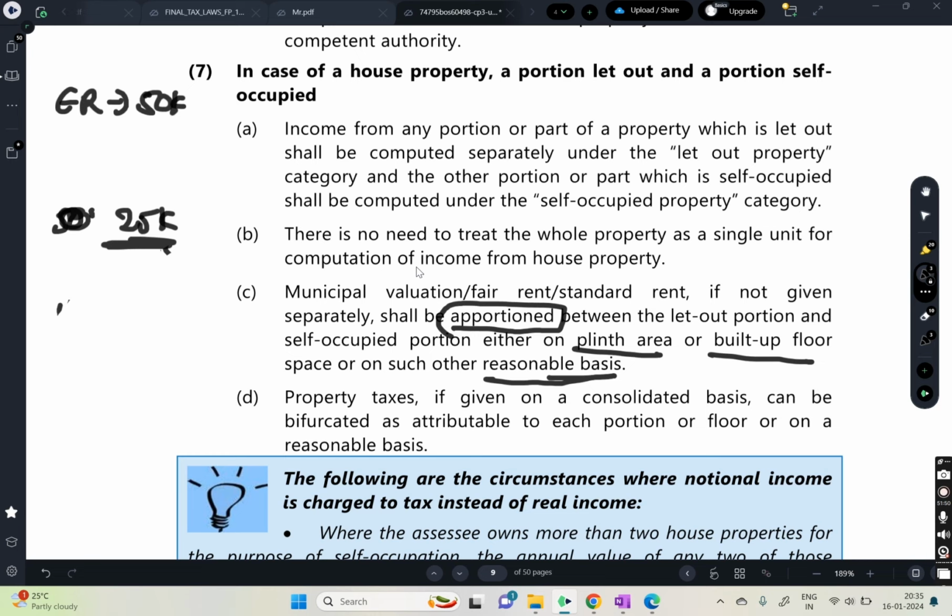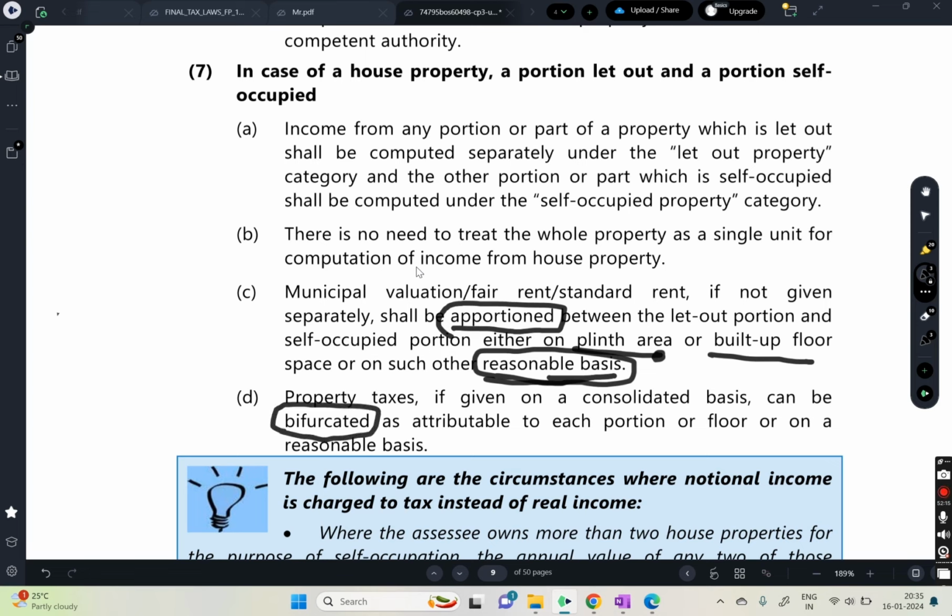Yes, sir. Right, so while calculating GAV we don't take the entire property. If our let out portion is only 25%, we will take 25%. If it is 40%, we will take 40%. Some kind of reasonable basis will be given in the question itself. So we will bifurcate like that and then find out the answer.